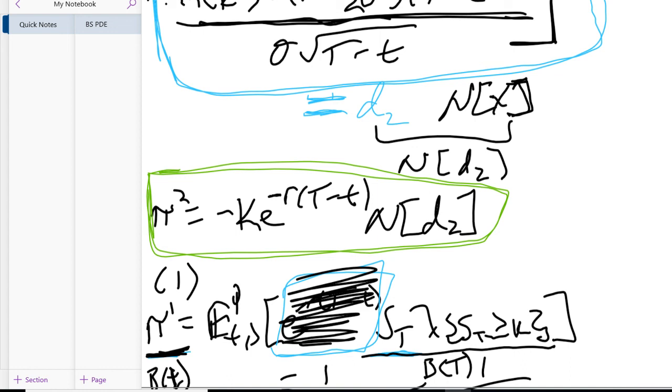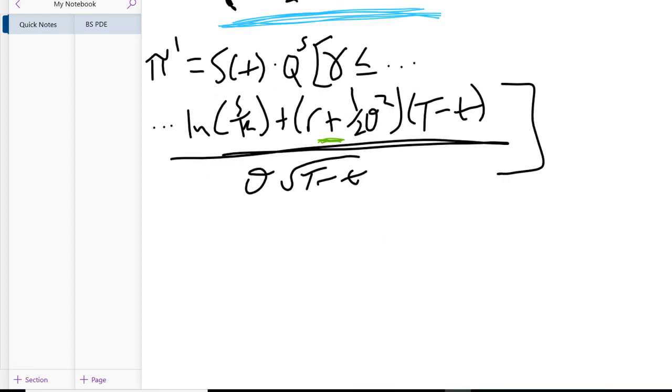Actually, it's just this. So we have the Q^S probability that some standard normal random variable gamma is less than something. So again, we have a cumulative normal distribution function acting on the inside here.